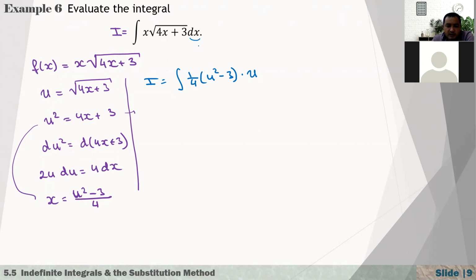And dx, just divide both sides by 4, is equal to 1 over 2 times 1 over 2 u du.